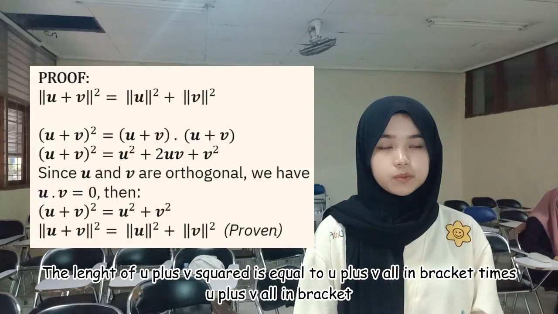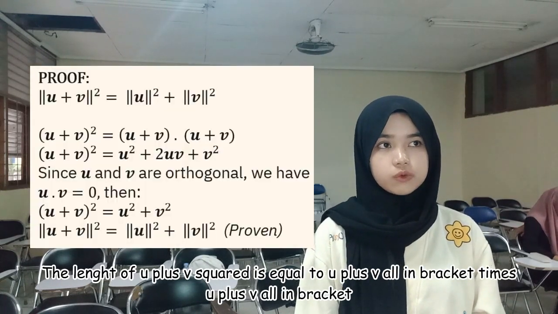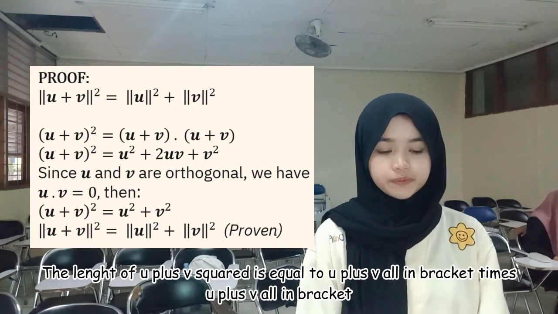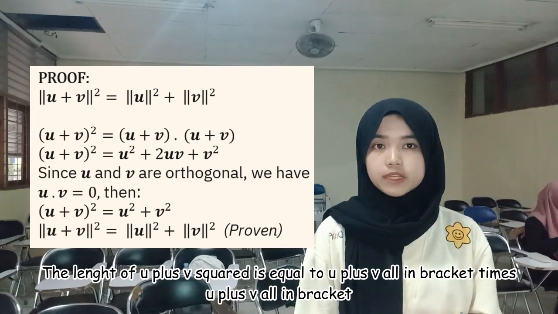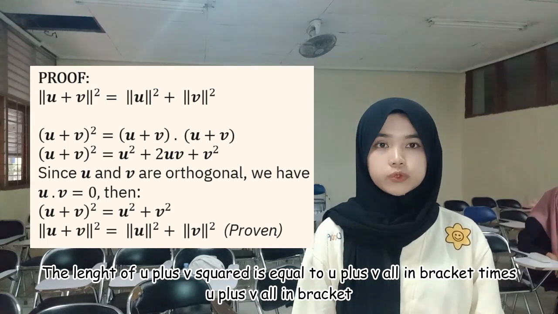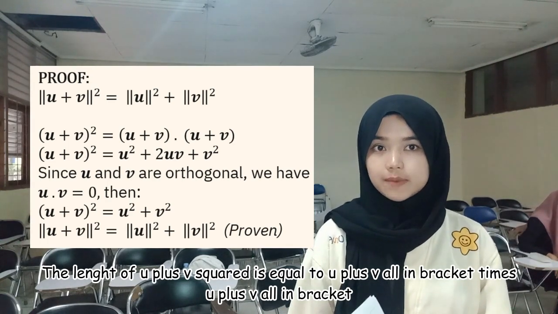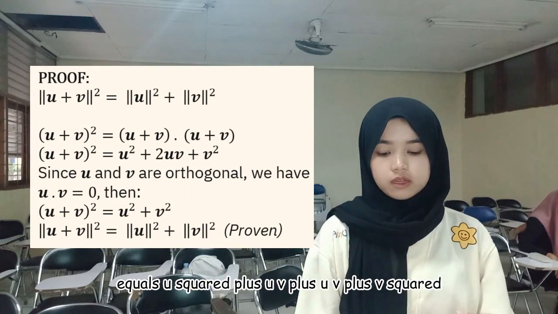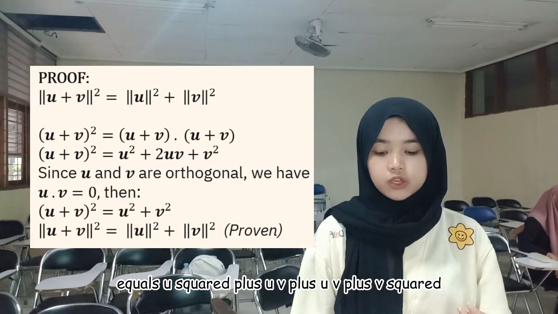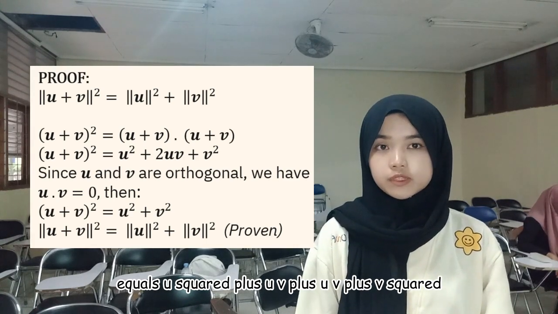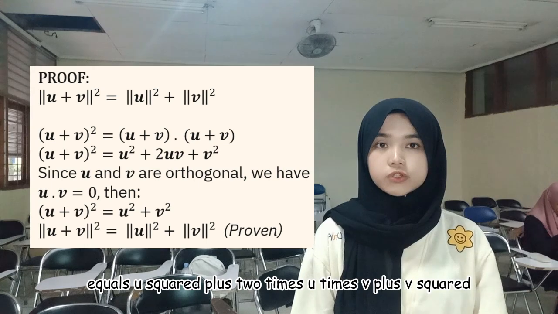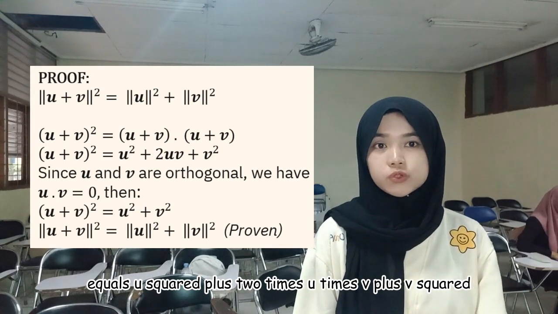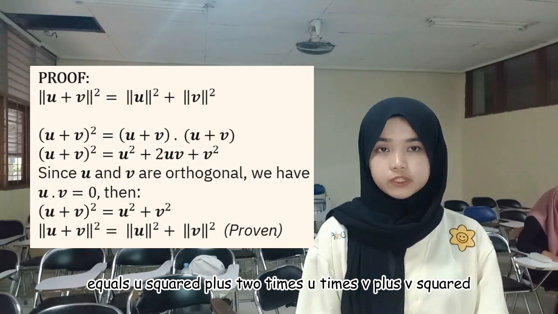The length of u plus v squared is equal to (u plus v) all in bracket squared, which is equal to (u plus v) times (u plus v), which equals u squared plus u dot v plus u dot v plus v squared, which equals u squared plus 2 times u dot v plus v squared.